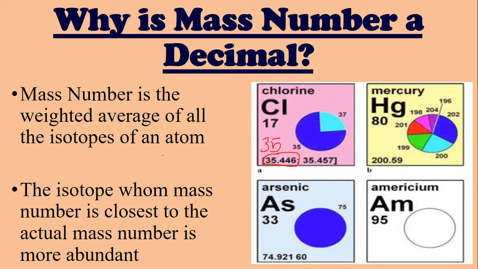So if we take oxygen's mass, which is 15.99, we round that and we get 16. That means oxygen 16 is more abundant than oxygen 17 or oxygen 18.